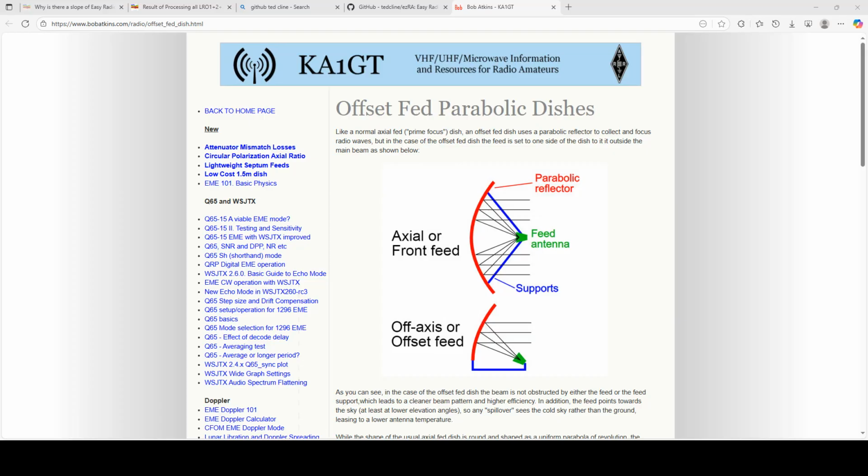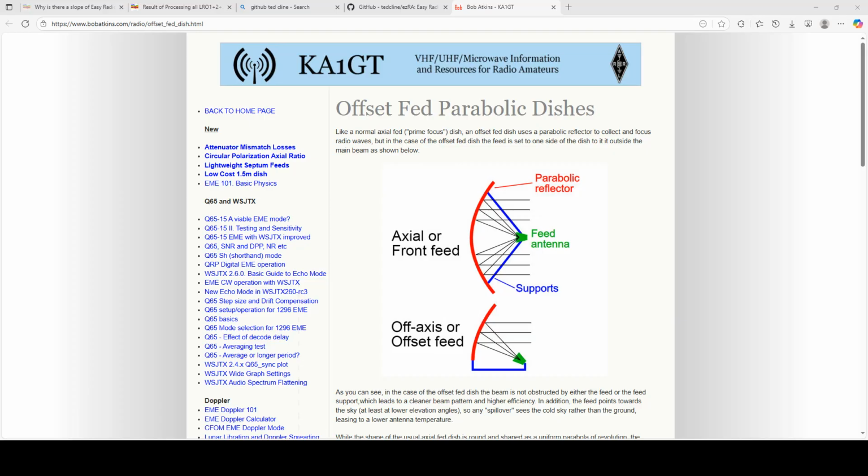And I think he was telling me that CHIME uses offset dishes. The point is that offset dishes are becoming more popular amongst professional radio observatories, so they're not a bad idea at all.